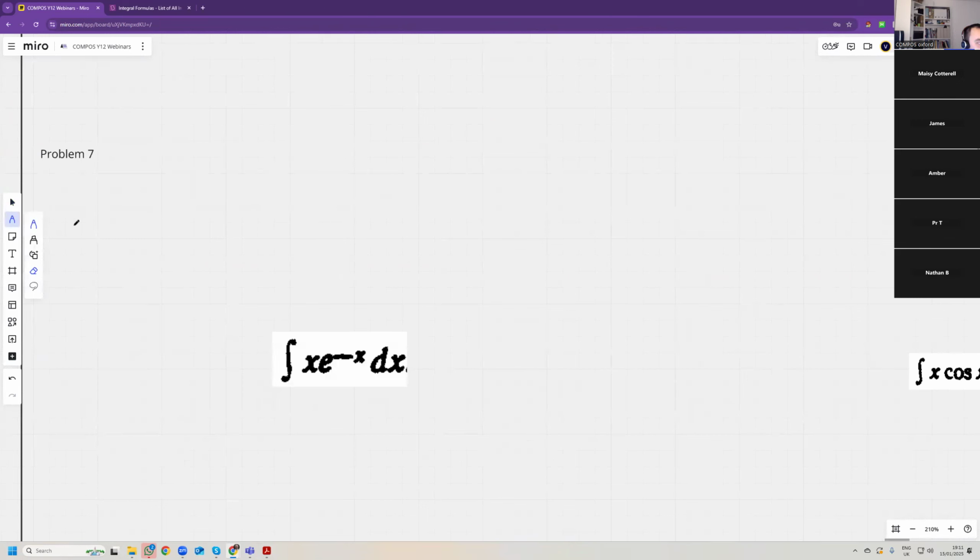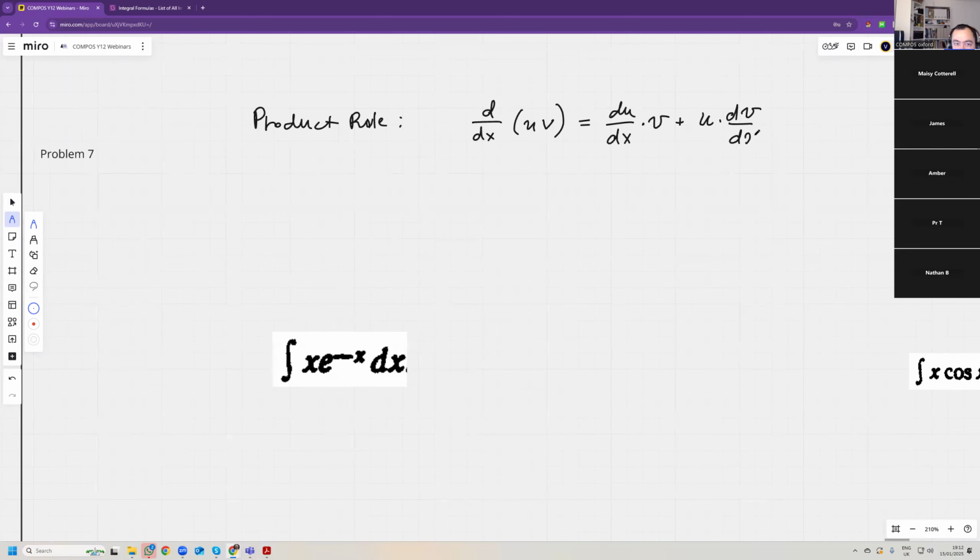If we write down the product rule, we can write it as the derivative d/dx of uv is equal to du/dx multiplied by v plus u multiplied by dv/dx.